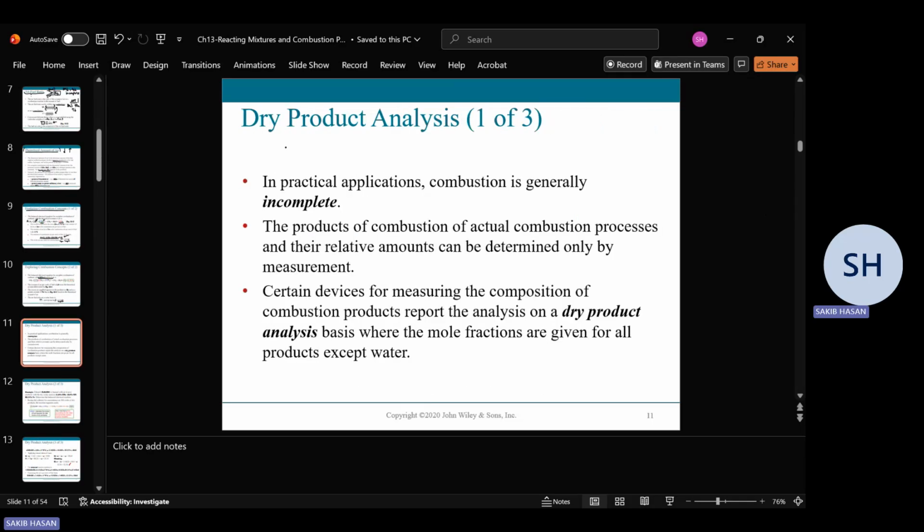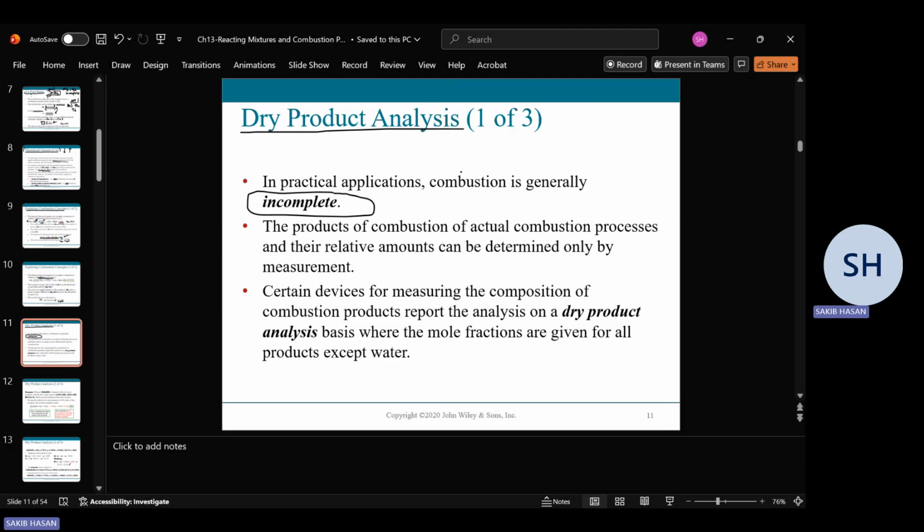Now, the next part is what we call a dry product analysis. We know that in practice, most of the combustion reactions that we get are going to be incomplete, right? And it's not always possible to do calculations to know exactly the amounts of carbon dioxide or the amount of water that you're getting.